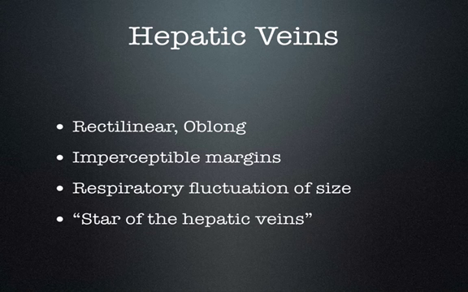These are the more rectilinear, oblong vessels with almost no margins between the vessel and the liver tissue. There might be respiratory fluctuations of size, and their course is cranially towards the confluence where the hepatic veins converge in a star formation towards the right atrium.